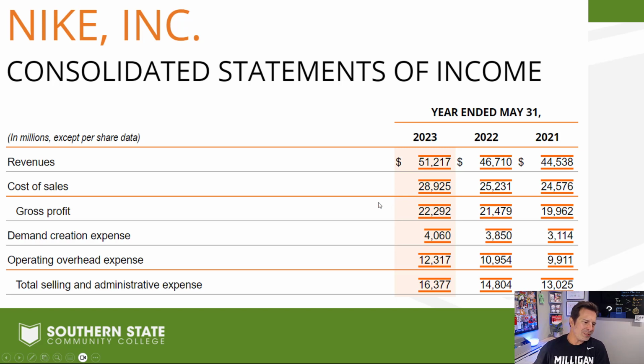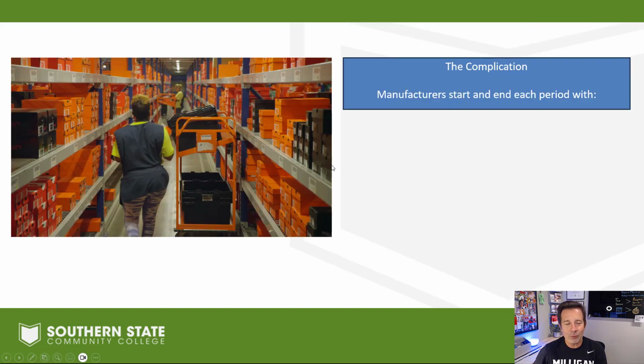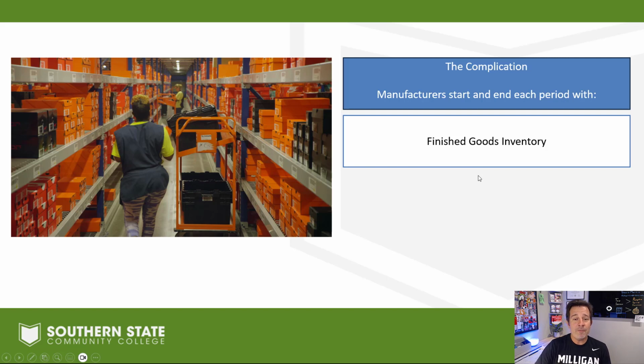You think, well, what's the big deal? Why is it so hard to come by that number? Or why do we have to calculate? Well, the complication comes from the reality that a manufacturer is going to start and end every period with finished goods inventory. They don't start with no finished goods inventory and then just sell everything that they make. If they did that, it would be very simple.